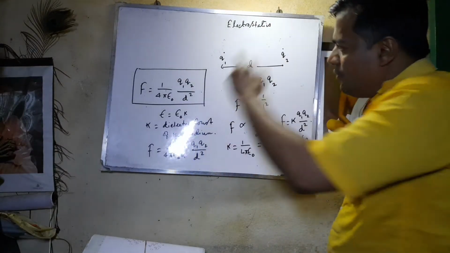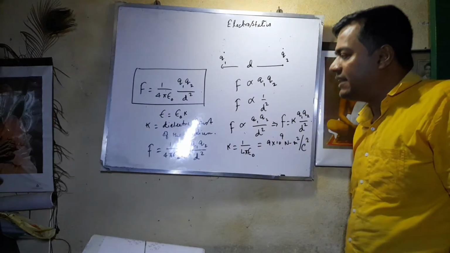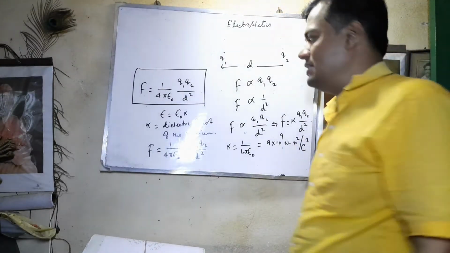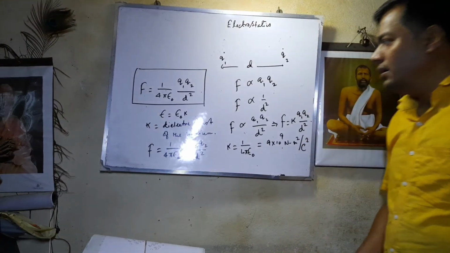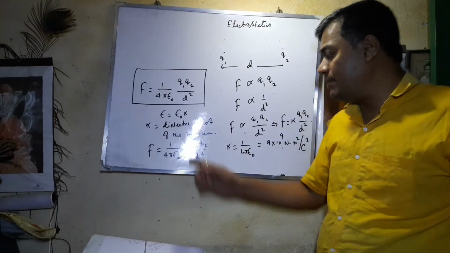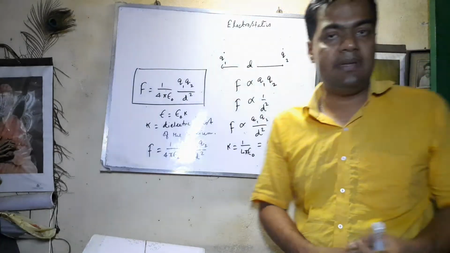Now, clearly from this relation you see that K is a unitless and dimensionless quantity. A new term is introduced here, that is the electrical permittivity of free space.